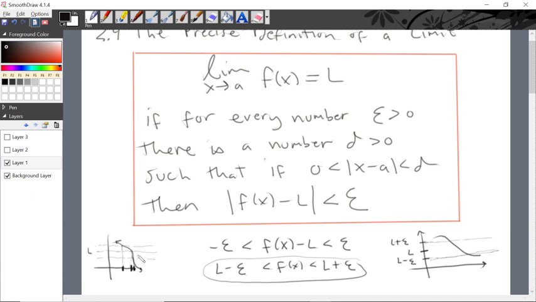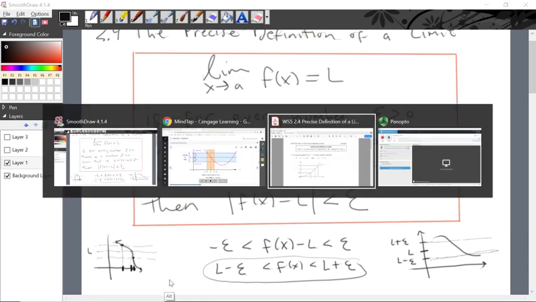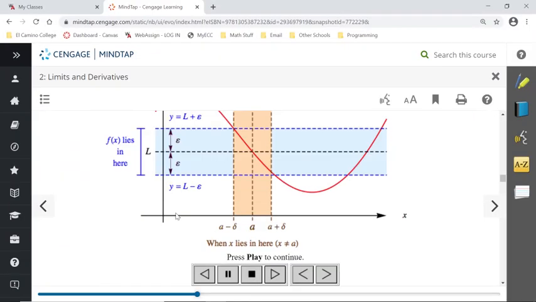It's possible, by the shape of the curve, that the delta that works on the left when finding this intersection is not the same as the delta that would have worked on the right when finding the associated intersection as well. It's possible for them to be different. It was not possible for this width and this width to be different because they are specifically chosen, these distances, to represent epsilon, which was the given value, presumably.